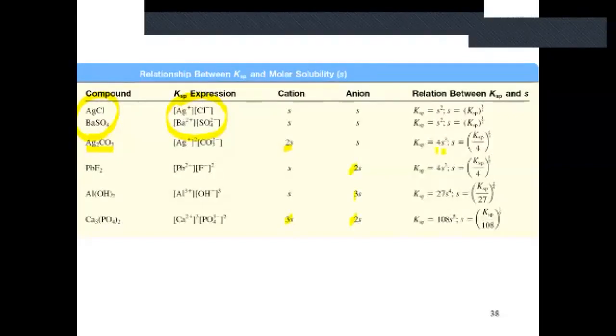The first application we're going to discuss is, can I predict if something is going to precipitate or not? So this is our first application. I'm going to see if I can predict whether a precipitation reaction will happen or not.